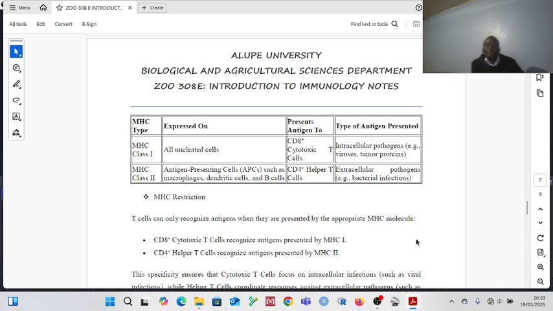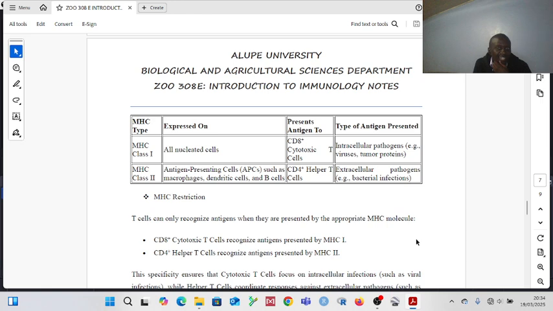The other type of MHC is MHC class 2. MHC class 2 is expressed on antigen presenting cells. The antigen presenting cells include things like macrophages, dendritic cells, and B cells. So it means the MHC class 2 will be found on macrophages, on dendritic cells, and on B cells.